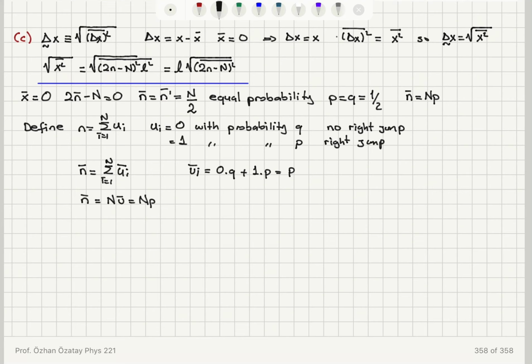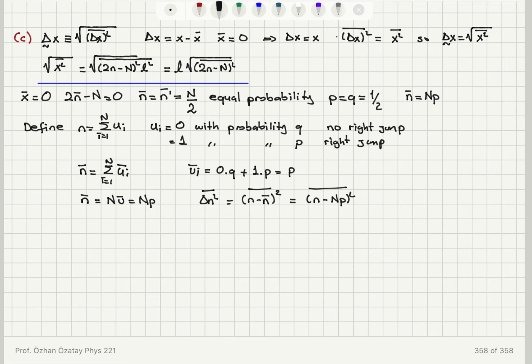Okay, so then for delta n square bar, the variance, I have n minus n bar square average. That's the deviation from the mean, and this is basically n minus Np square average.